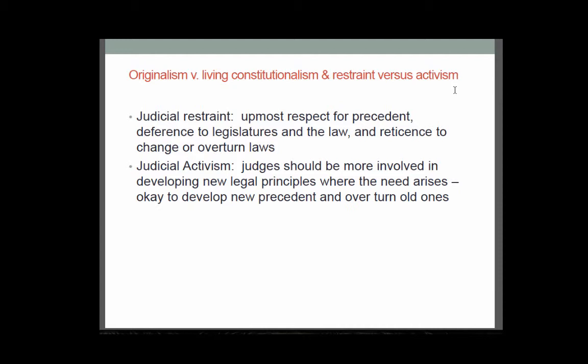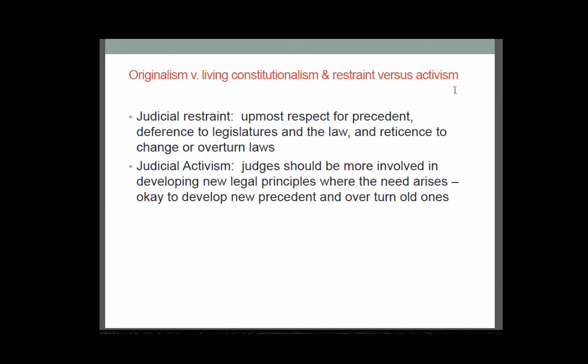Judicial activism, on the other side, is more interested in developing new legal principles. It's okay to interject and change decisions made by legislatures, especially when the need arises. It's okay to bring up new precedent and overturn old ones along the way.